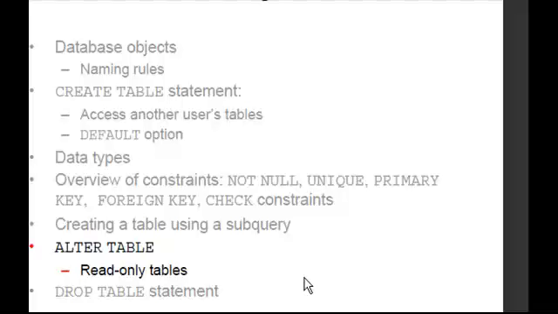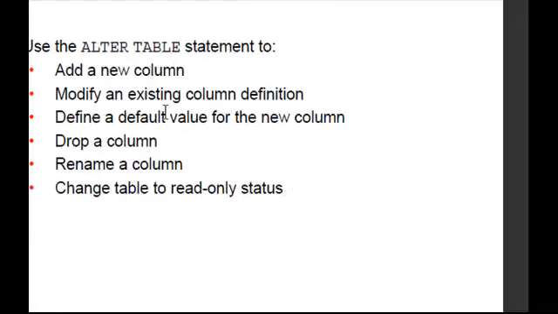And finally, if a table exists, can we alter a table, add a constraint, or enable a constraint? Yes. We can add a new column by using the alter command, or modify a column, define a default value for a column, drop a column, rename a column, change a table to read only status. We can do all those changes by using alter.